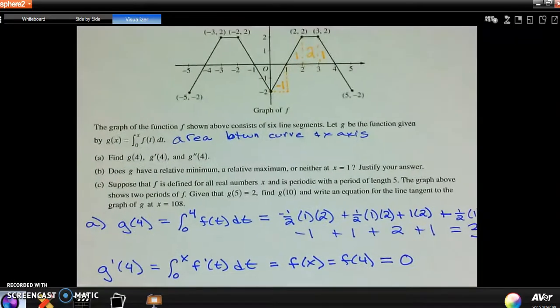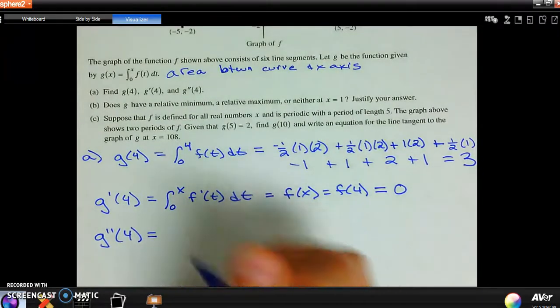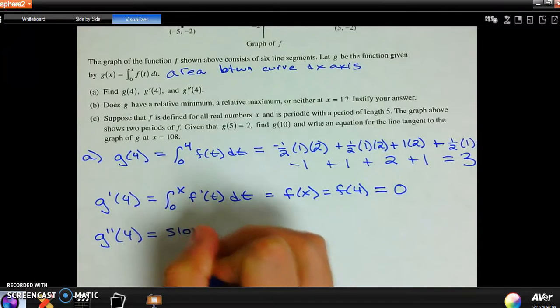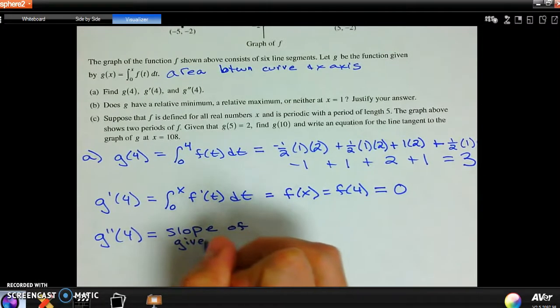If you have 2 points, you calculate the slope by doing y2 minus y1 over x2 minus x1. So it's the slope of the given graph.